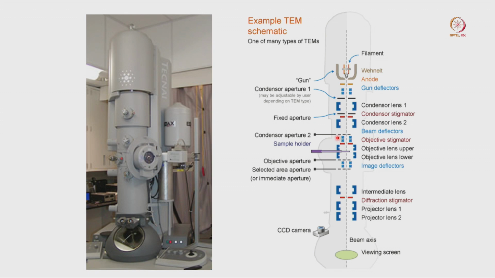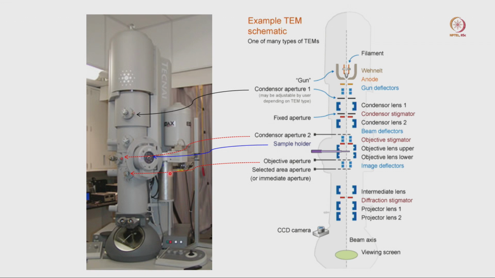Now how do we connect those things? The condenser aperture and condenser lens system are connected here, then condenser 2, then our sample holder. This is our objective lens system, and here are the objective lens aperture and the selected area aperture.